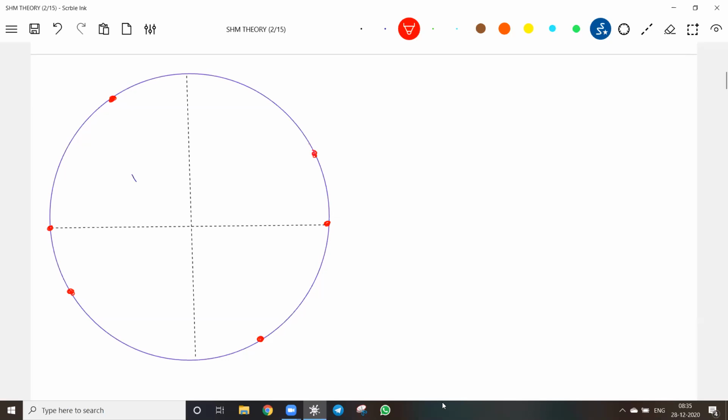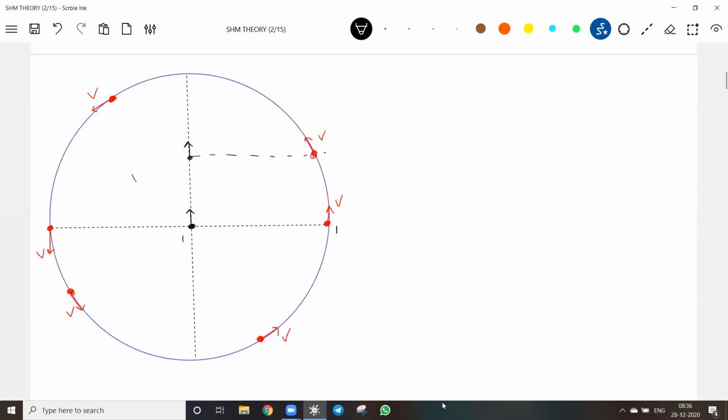These are the instants of time. At t equals 0, particle 1 is here. Now, what about its projection? Its projection will be at this particular point. Then afterwards, let me give number 1 when it is here.